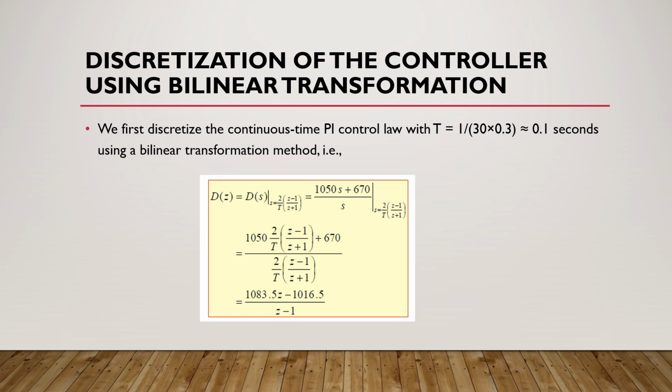We solve this equation, where D(s) is the PI controller in continuous time. By solving this equation, we get the digital controller, equal to (108.5 z minus 1016.5) over (z minus 1). We can also write z minus 1 as z inverse.